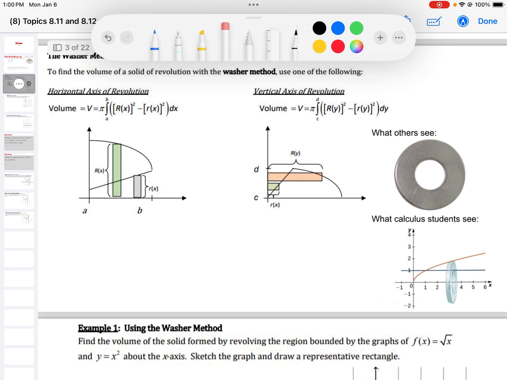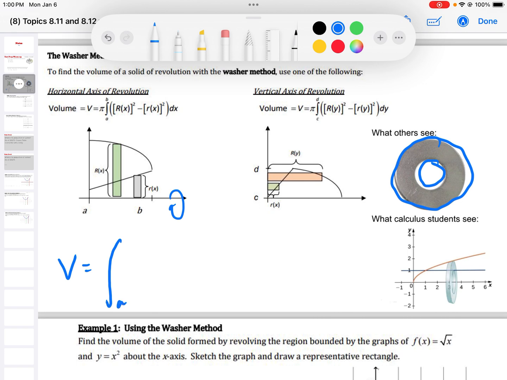If I have a horizontal axis of revolution, maybe rotating around the x-axis, it's always going to be the volume of a big circle minus the volume of a little circle: the big radius, and the little radius.